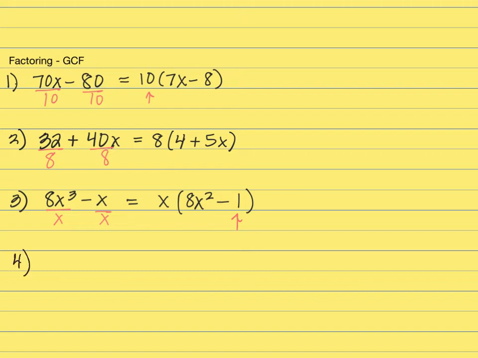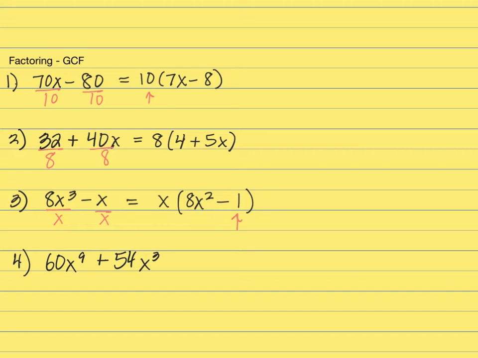All right, here's number 4. Let's put numbers and variables in common. So what if we had 60x to the 9th plus 54x to the 3rd. When you're looking at those two, what is it that they have in common? Well, if you're looking at the numbers 60 and 54, they both have a 6 in common.